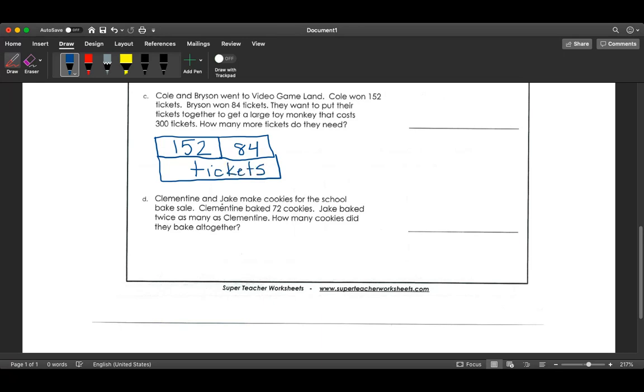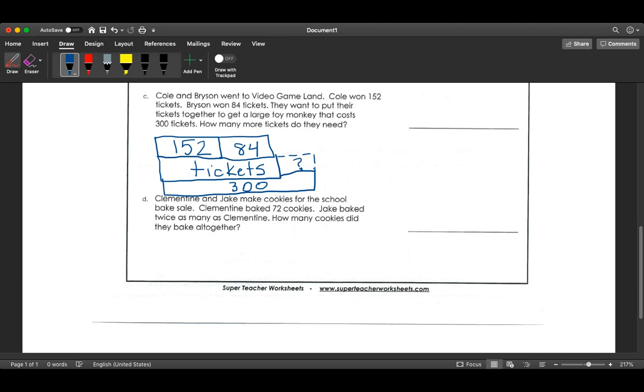But they need 300. So underneath here, I'm going to put another bar. And 300 is more than what they have. And so what you need to figure out is how many more do they need? That would be this part right here. How many more do they need?